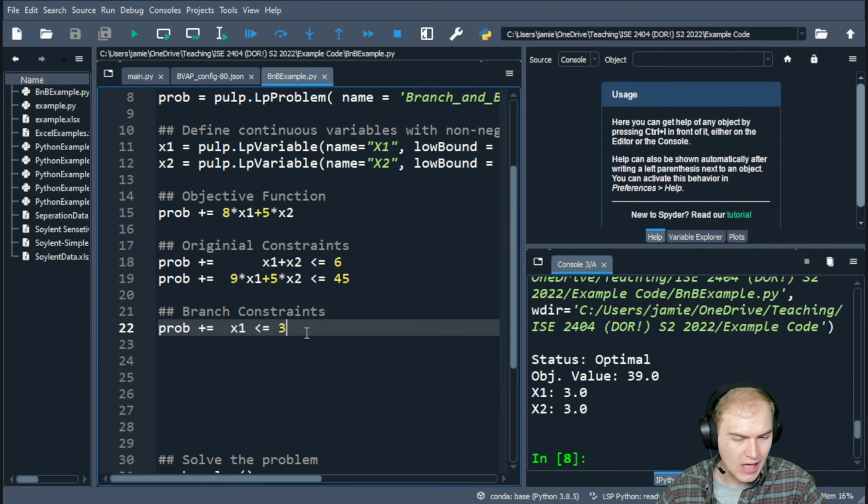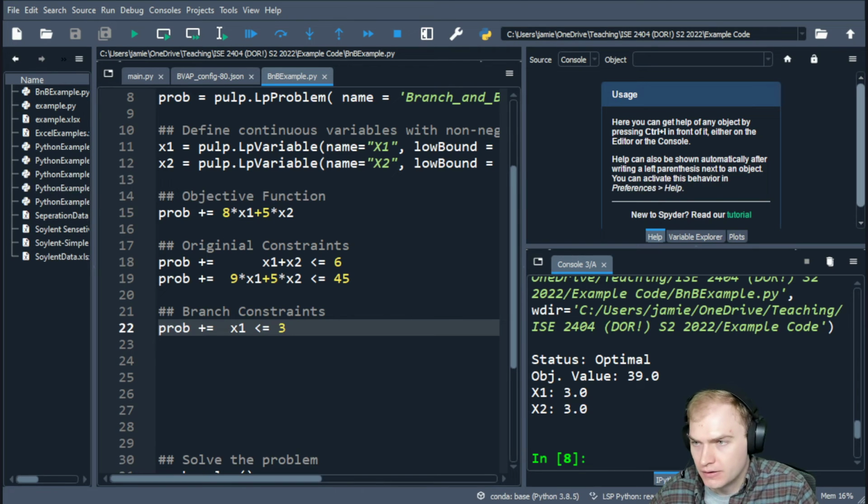We found an integer solution right away. Subproblem 6 is z equals 39, x1 equals 3, x2 equals 3, and that's an integer solution.